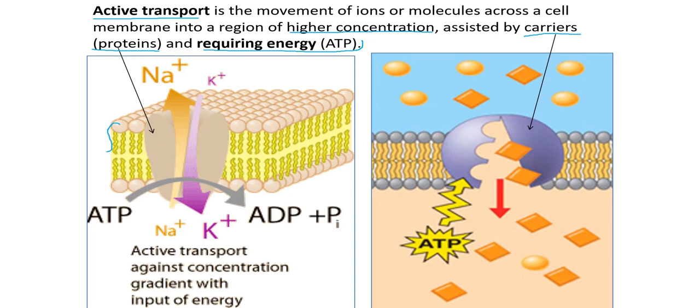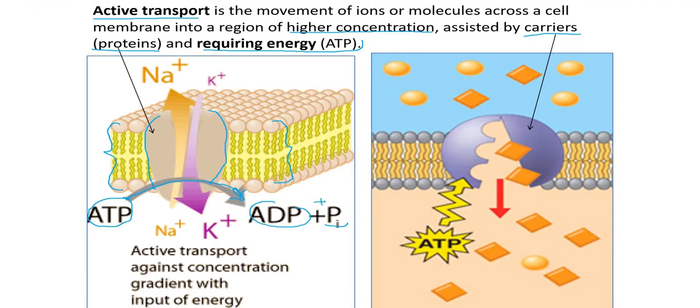And here it shows the cellular membrane. This is a bilayer of phospholipids. And we have this specialized transmembrane protein, and it will use energy, an ATP molecule. During hydrolysis, it will be broken down into an ADP molecule and a separate phosphate.